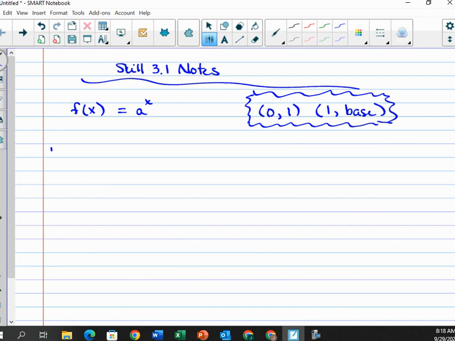So, for example, let's say our function is 3 to the x.